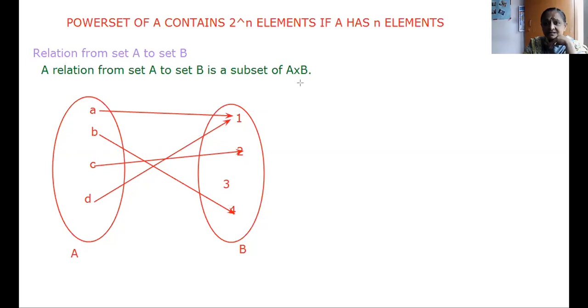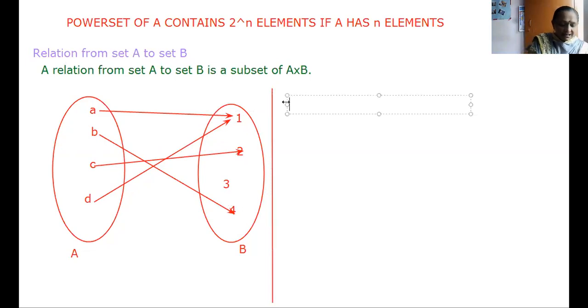How do I write this? Let us go to set notation. All of you are following me? I will write the relation as capital R. The notation I follow is capital R equal to, in curly brackets, the ordered pairs. First the ordered pair (a, 1), since a is joined to 1.